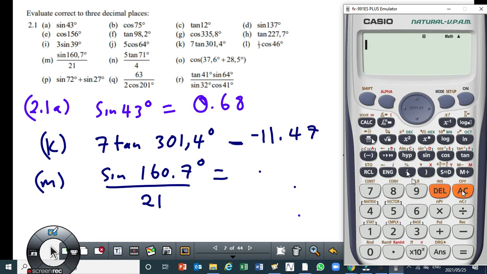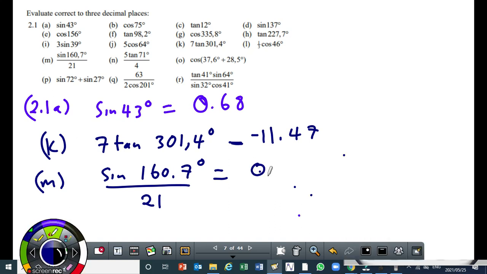So first you put the fraction option, then you say sine 160.7, then you close the bracket, you put the denominator, that's 21. And then you press equals. So the answer will be 0.02 to 2 decimal places.